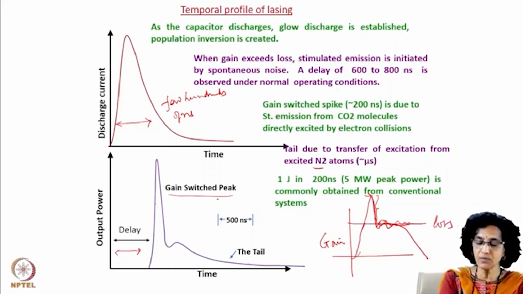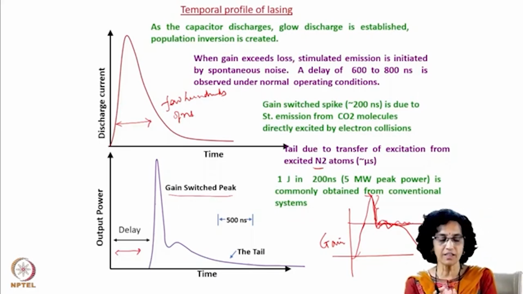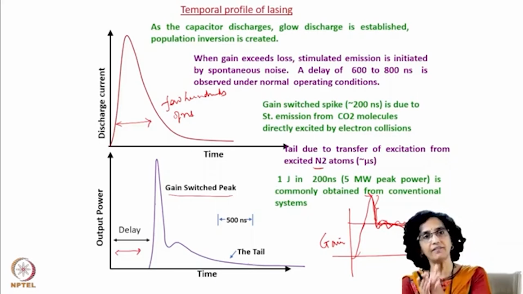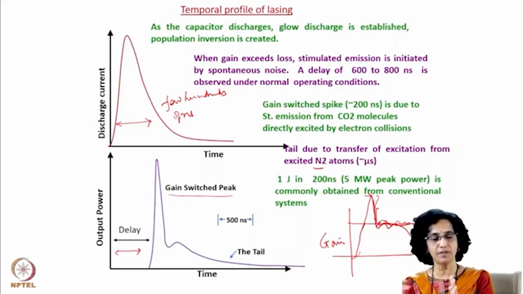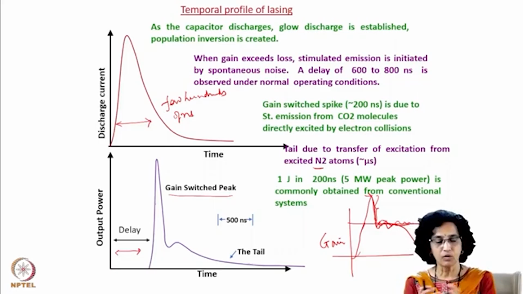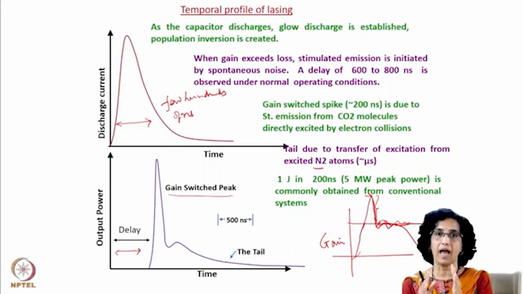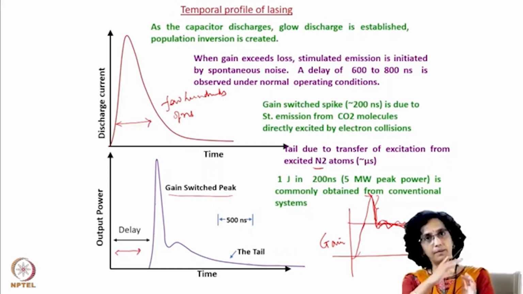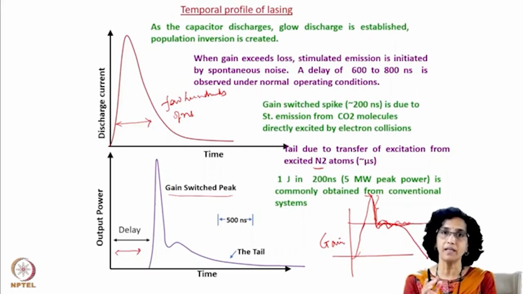So this gain switched peak we can consider as generally constituting the population inversion which is directly given to CO2 molecules in the excitation during the current pulse. And also, of course, there is some collision with nitrogen which is adding to it, but primarily because of the active species, and the tail is contributed largely by nitrogen.